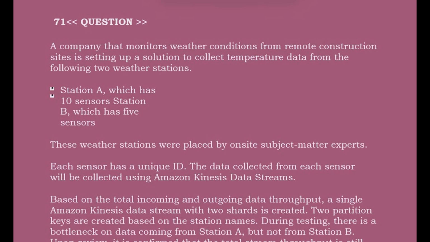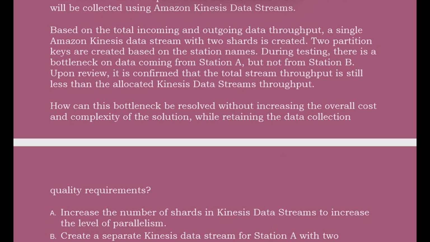The data collected from each sensor will be collected using Amazon Kinesis Data Streams. Based on the total incoming and outgoing data throughput, a single Amazon Kinesis data stream with two shards is created. Two partition keys are created based on the station names.